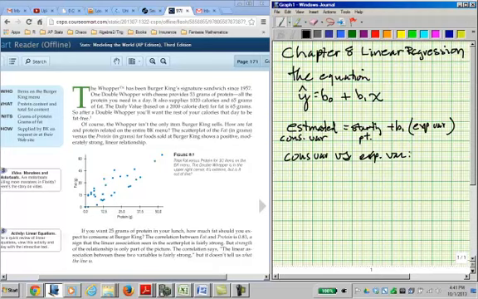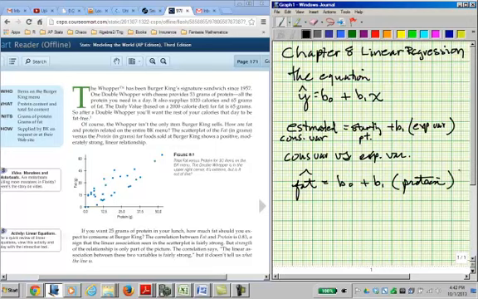So in this case, it would be estimated fat equals some amount, we'll call it b sub 0, plus b sub 1, that's the rate of change, times protein. Now the protein is not estimated. It's the protein that's given in the data.